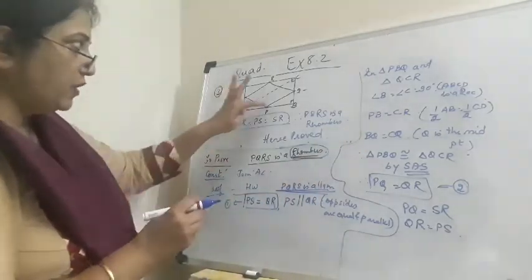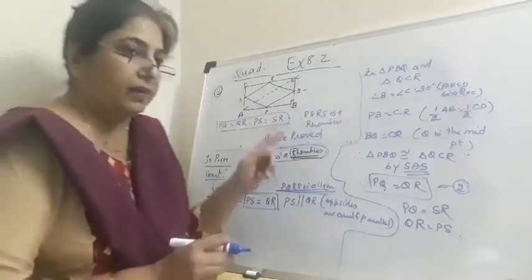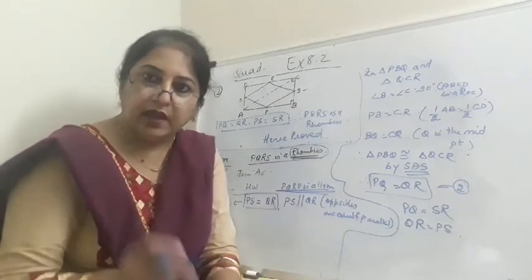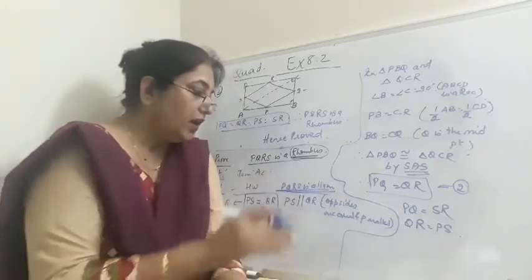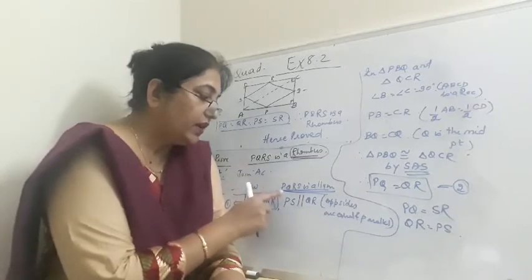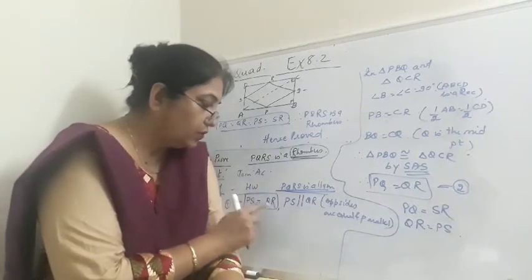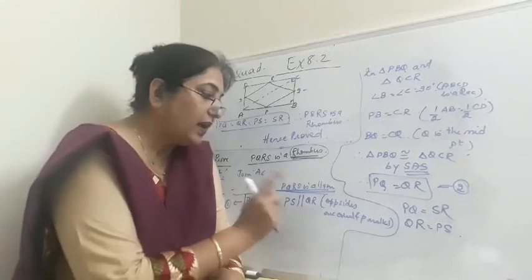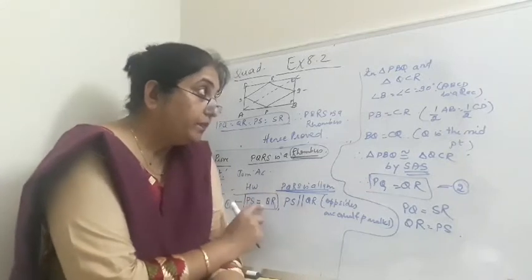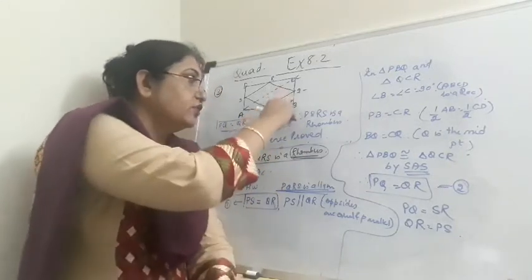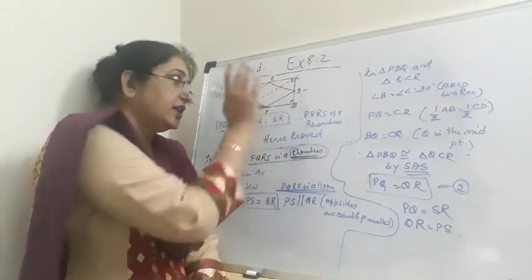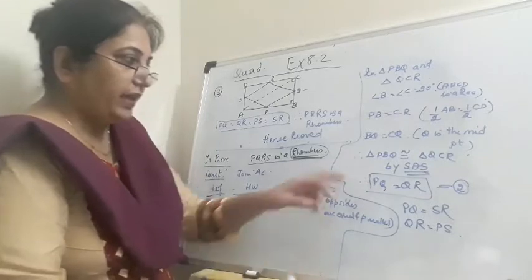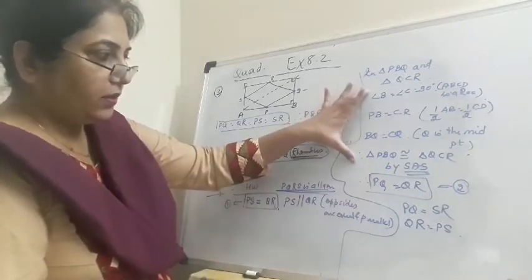We first prove PQRS to be a parallelogram by applying the midpoint theorem, and for that you will see my yesterday's video. Complete that part. After applying the midpoint theorem, we will write PS is equal to QR and PS is parallel to QR. Then these two triangles you will take and prove them to be congruent, because we need adjacent sides to be equal. So by SAS, these two triangles are congruent.